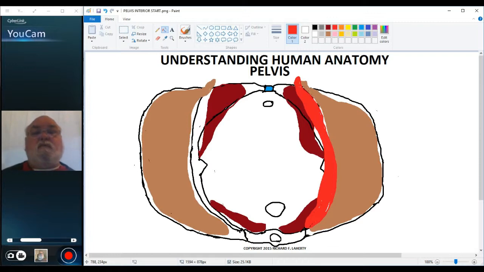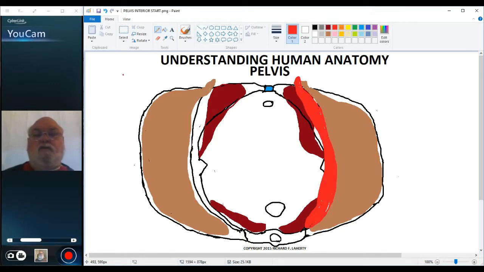And when you get to the exterior of the pelvic cavity, the iliacus and psoas are referred to as iliopsoas because you cannot distinguish the muscle fibers from the two muscles.